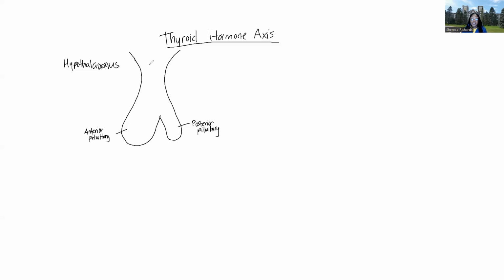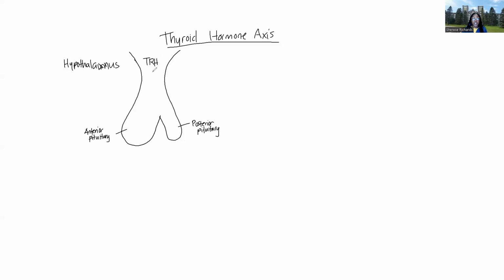So in the hypothalamus, the trophic hormone that's released here is called TRH, which stands for thyrotropin releasing hormone. That is going to stimulate the production of TSH. Okay, so let's draw that initial axis happening here.